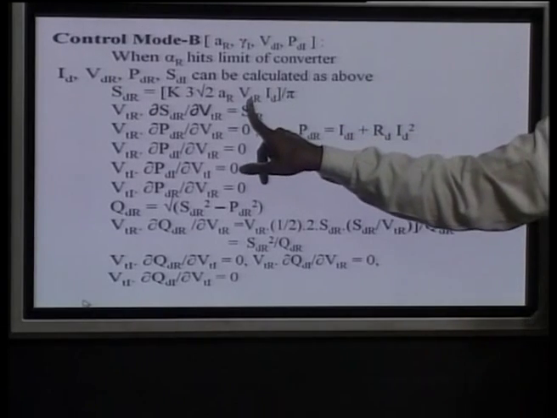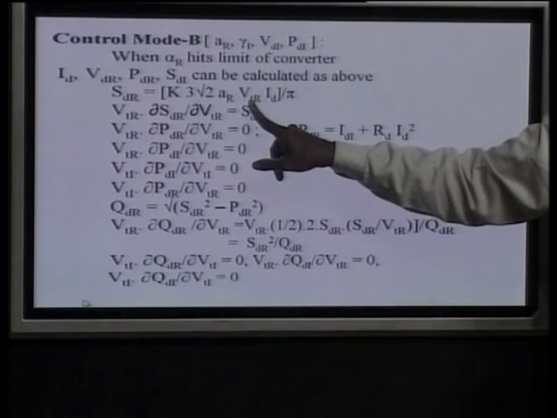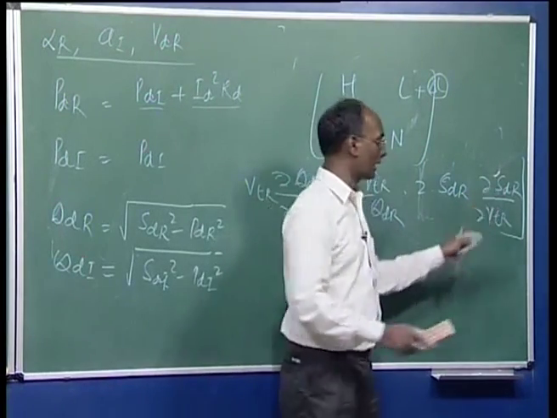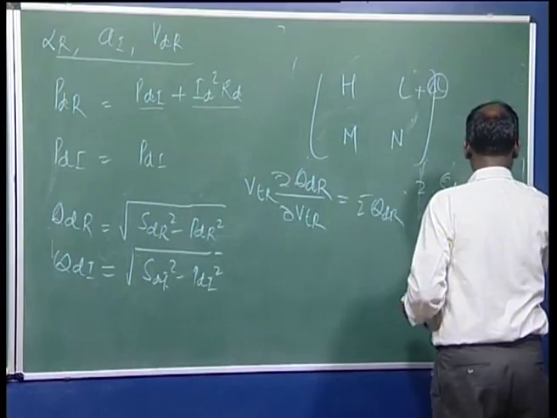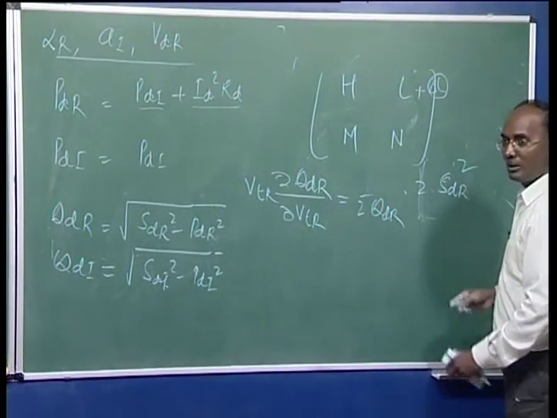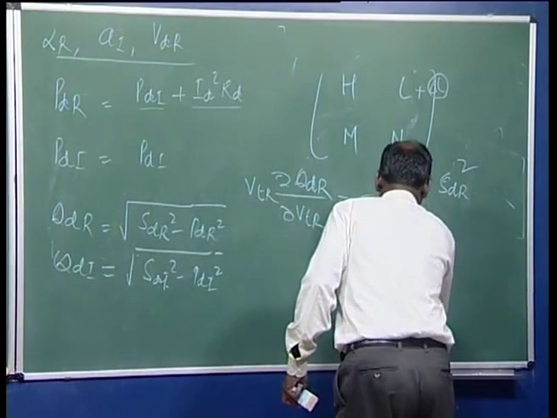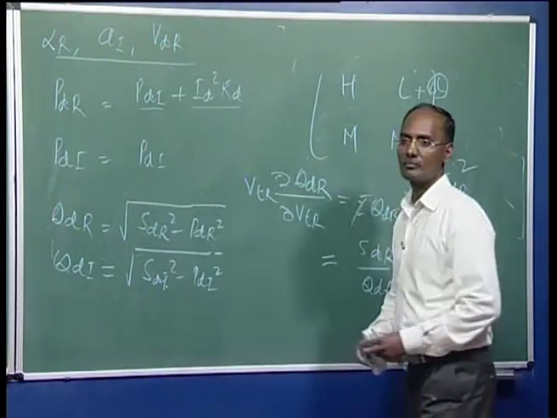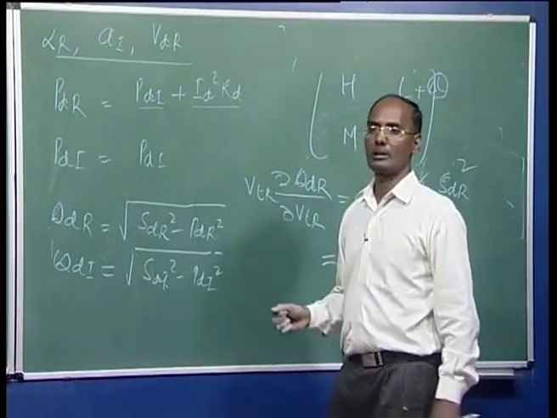So, this will go off, but we are multiplying VTR again, the first term. So, here you are differentiating and you are multiplying, you are getting again this term is going to be your SDR, means it is your square, this 2 is cancelled and you are going to get your SDR square over QDR. So, in whole, in this mode, you are going to have this one as well.